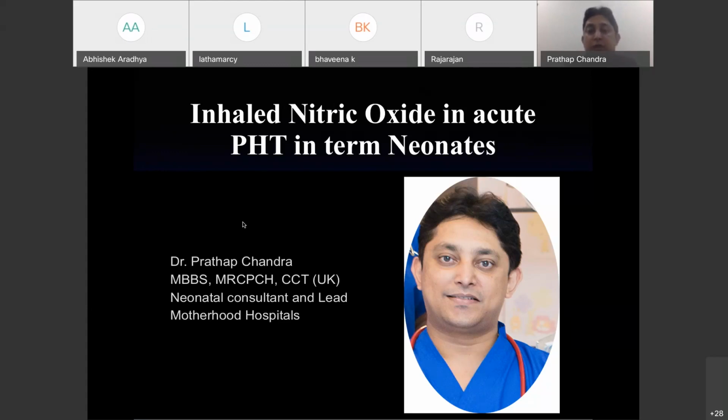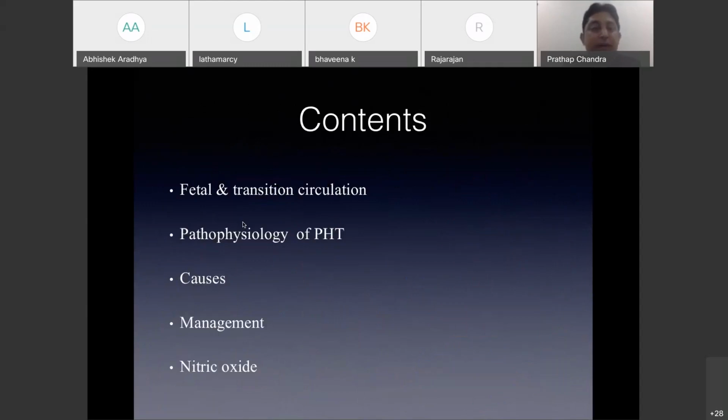So I was asked to talk about inhaled nitric oxide in the treatment of pulmonary hypertension in term babies. What I also thought was, if I just start with that, it is going to be a little bit of a nightmare, because it's like starting from nowhere. It is like the tail ender coming to open the batting.